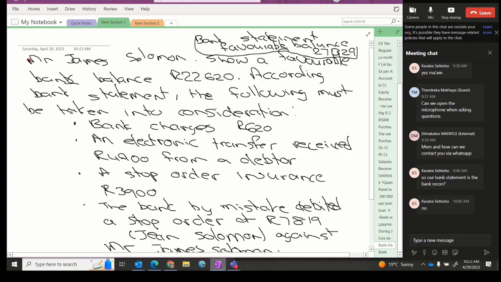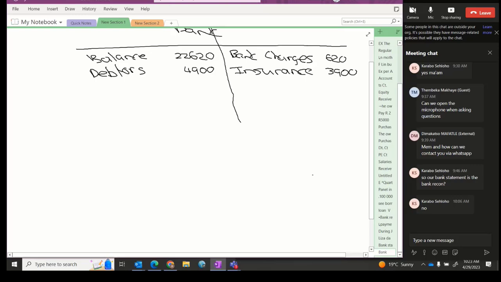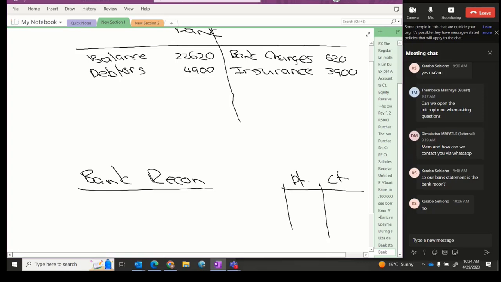Okay, so I'm just going to move down a bit. So there's a few transactions. Okay, so you start the bank recon. Then obviously you start off with a debit, credit, the balance given through this. Let me just write here, balance of the bank statement so that you don't get confused. If it's a favorable balance, it actually means that you have a debit balance.